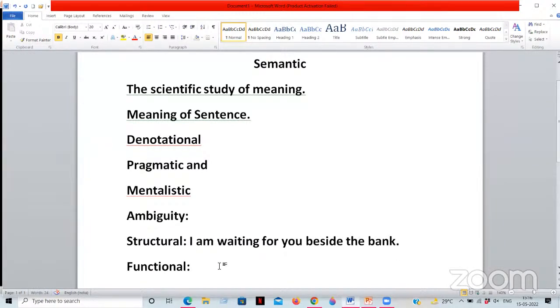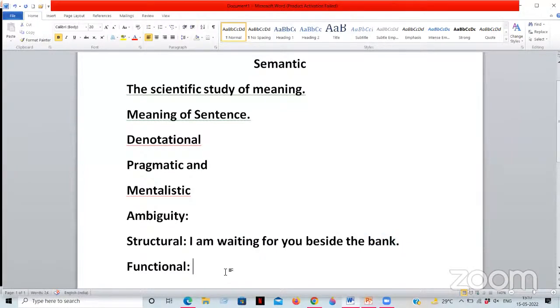In this example, bank can be a river bank or it can be a financial bank. Here this word has a double meaning, and because of this word only, the sentence has a double meaning. So this could be a very obvious example.